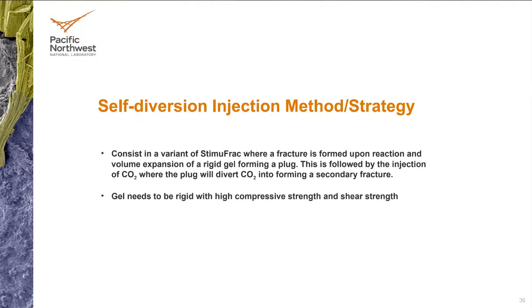What if we explore other chemistries that can actually generate a plug, fracture and plug that fracture, and then we introduce a second fluid, let's say CO2, that will find that plug and then generate a secondary fracture away from that main fracture, and in that way have fractures that are more complex than just a single fracture.